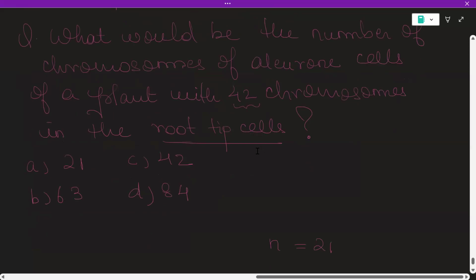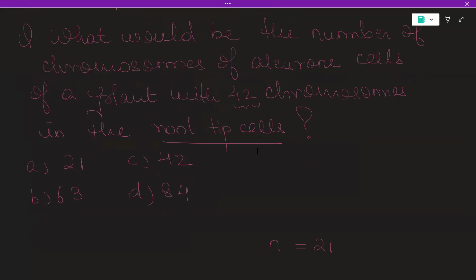See, you people know that the aleurone cells are found in the endosperm area. So that is 3N, because you know that they are the result of your triple fusion. Now, the root tip cells will be diploid.